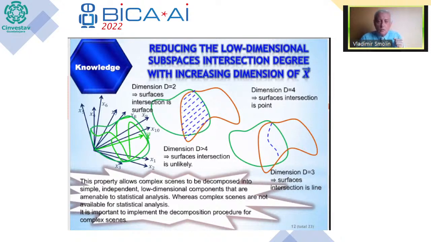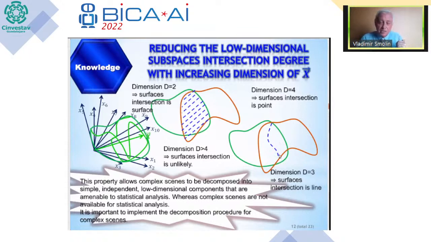What I would like to outline with this is that the lower the dimension of the subset and the higher the dimension of the sensor space, the less intersection there will be among subsets. For example, if we have two surfaces in a two-dimensional space, their intersection will also be a surface.